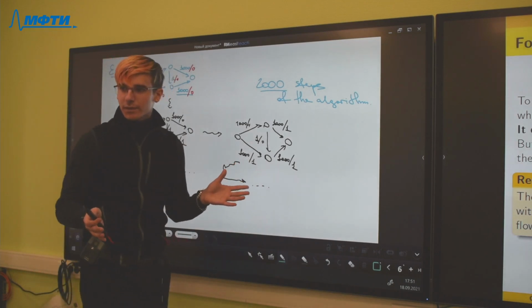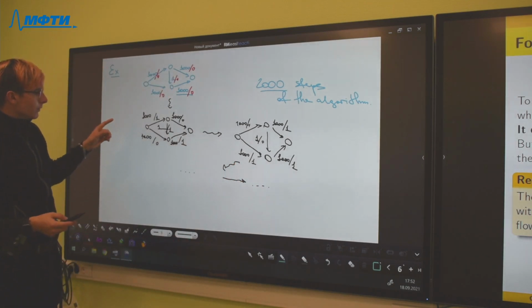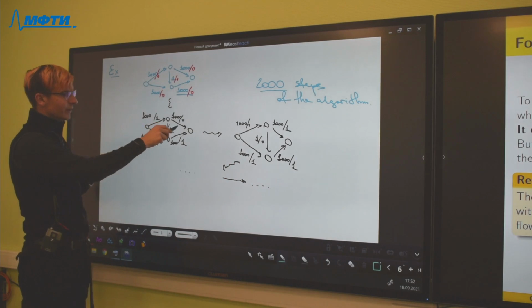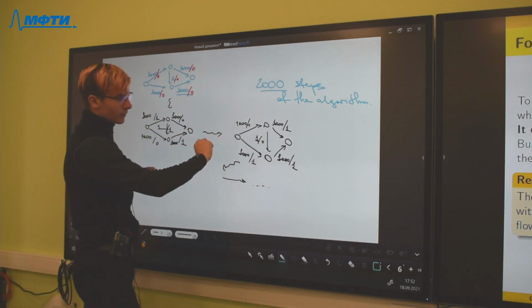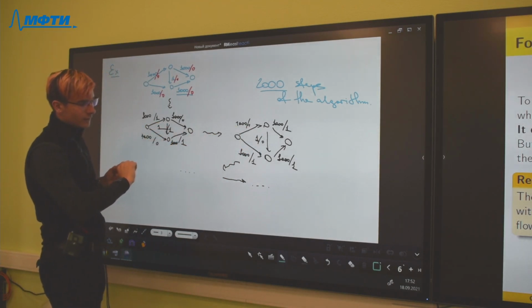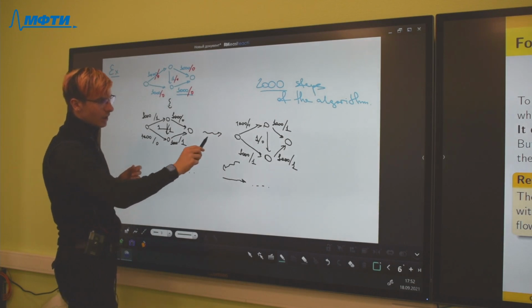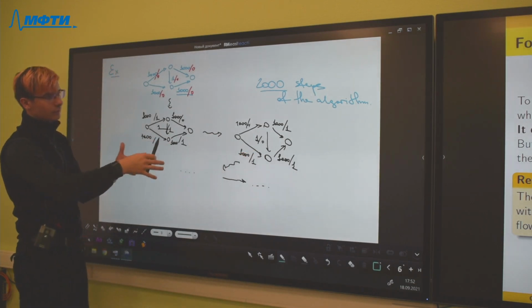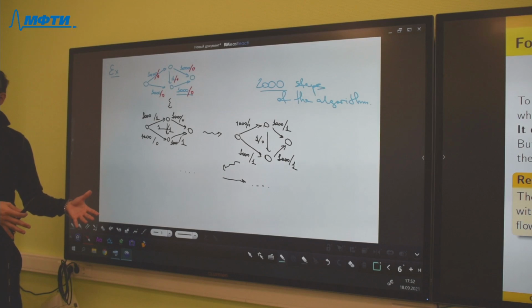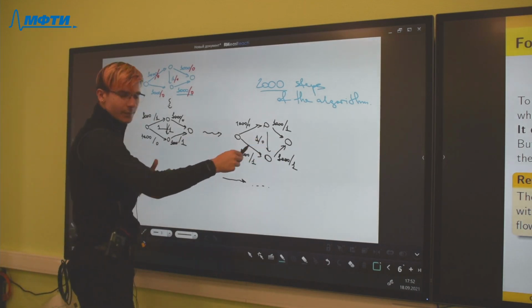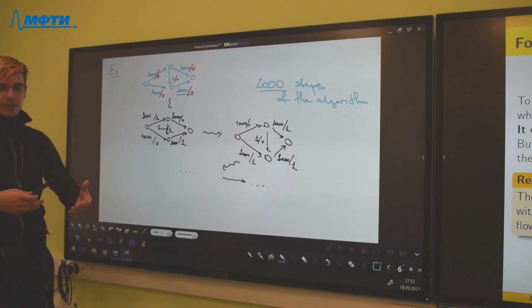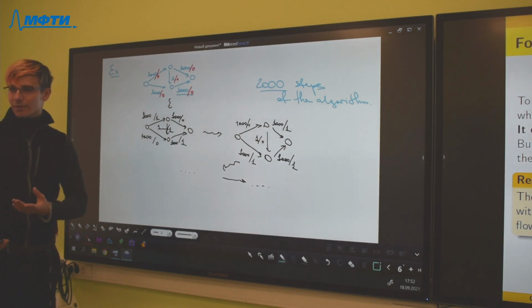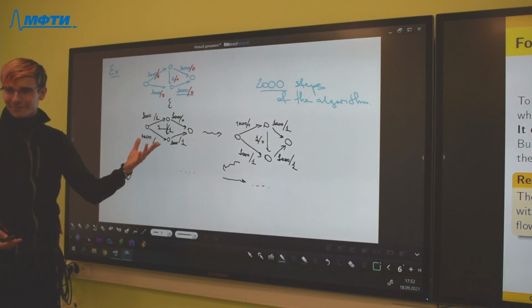Because if we find this path in the residual network, we increase our flow by 1000. Then we increase by this path by 1000, and we have only 2 steps. It's better than 2000 steps, of course.